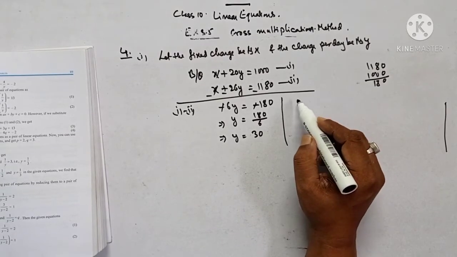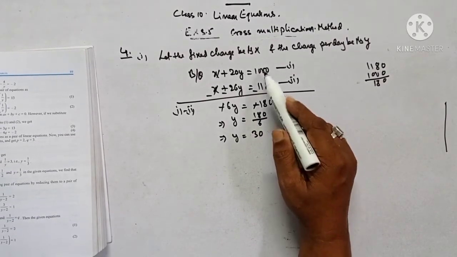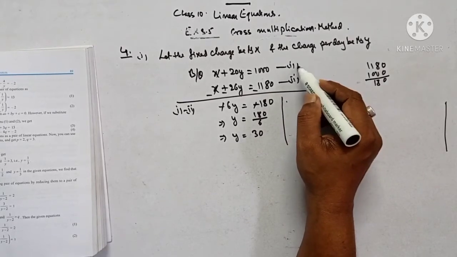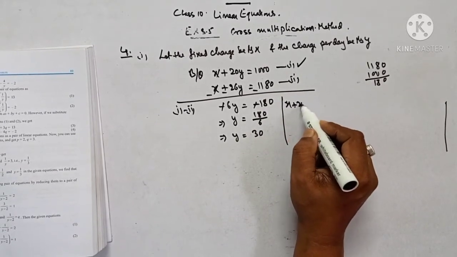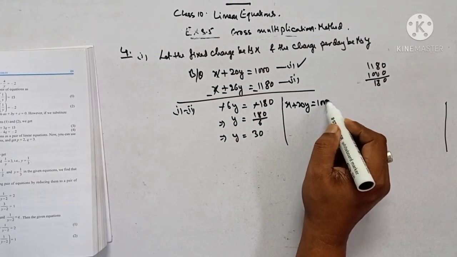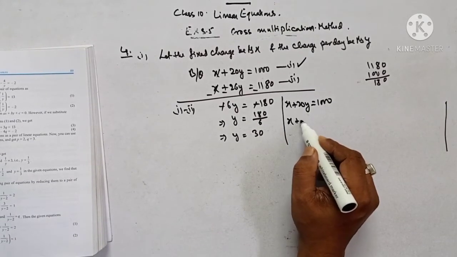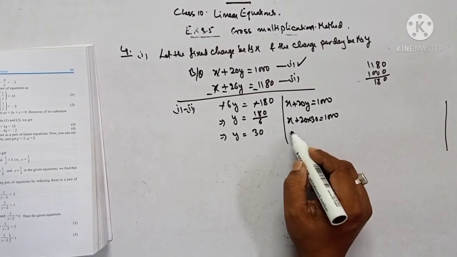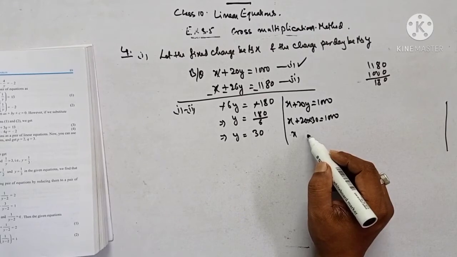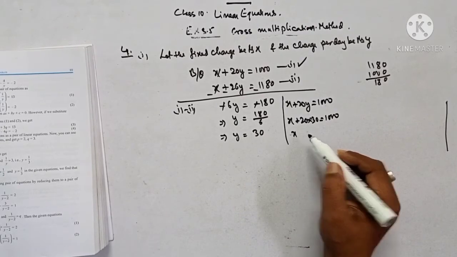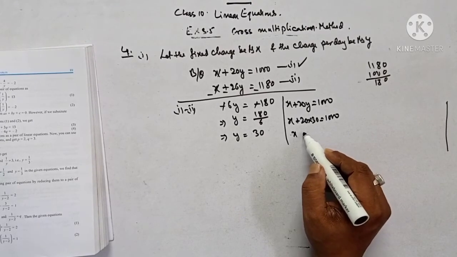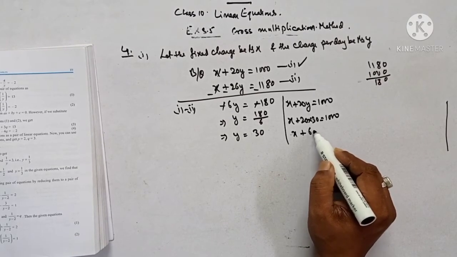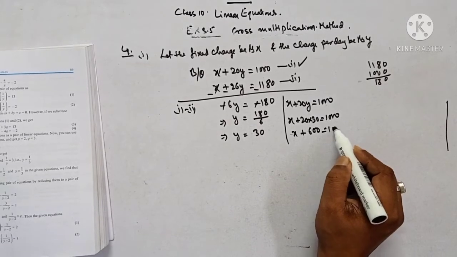Now again you select any one of these equations. I'm going to select the first one: x plus 20y is equal to 1000. So x plus 20 into 30 is equal to 1000, so x plus 600 is equal to 1000.